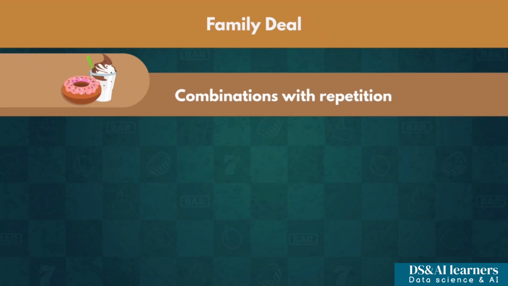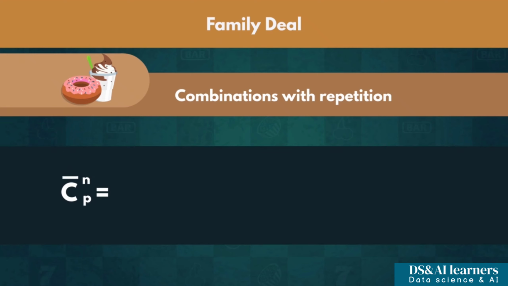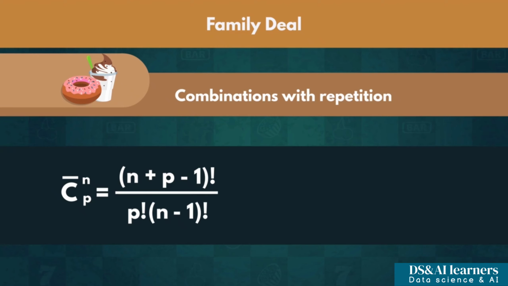Recall the formulas from the bonus lecture on combinations with repetition. The number of different ways we can use p elements out of n with possibly recurring values equals n plus p minus 1 factorial over p factorial times n minus 1 factorial.